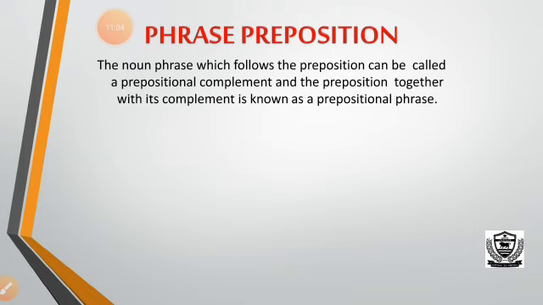It must always be contained within a phrase or a group of words called a prepositional phrase. For example, the man signed a check in favor of the trust. Trust is a noun, in favor of the trust. As a result of the earthquake, people had to move out of their villages. And another example, the patient is on the point of death. On the point of death.